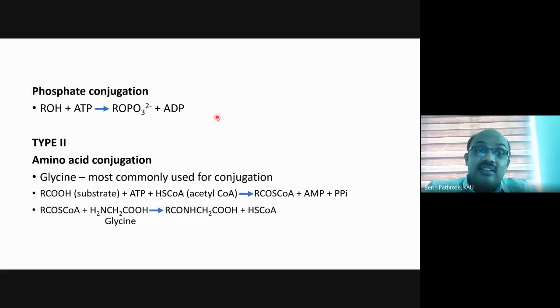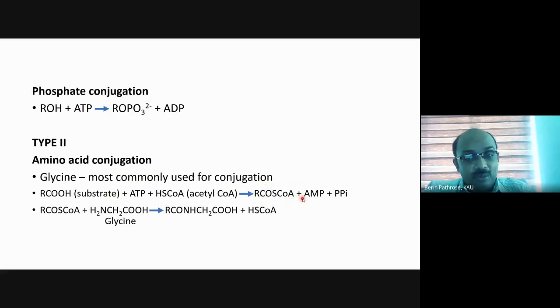And here, glycine is the most common conjugating agent used in amino acid conjugation. You can see the substrate over here. This is the pesticide after phase 1 reaction, addition of a COOH group. This detoxified pesticide in the first step will react with ATP and acetyl coenzyme A, and this coenzyme A will be transferred to the substrate, the pesticide.